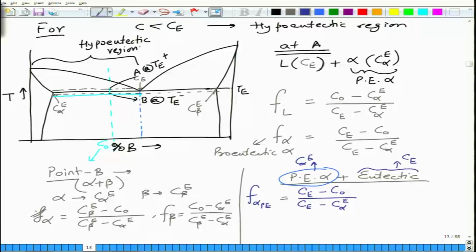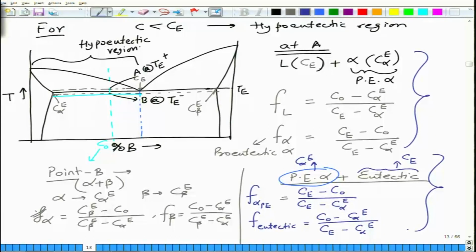And F eutectic is nothing but C naught minus C alpha E divided by C E minus C alpha E. If you notice, what we have done for point A is the same as for point B if you consider pro-eutectic alpha and eutectic.